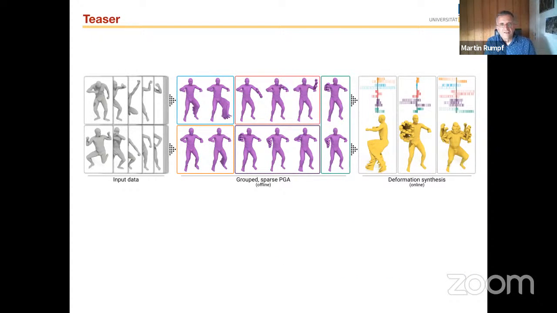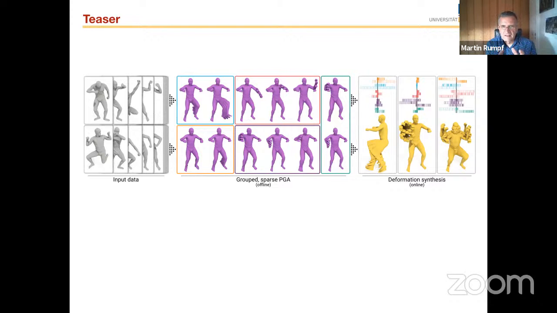So here's a teaser of what I'm going to present. We have a lot of input data, and we will do a Riemannian sparse PGA. That is, we will group these input data into related classes, and then we will bundle these classes. This is what you see outlined here in color.